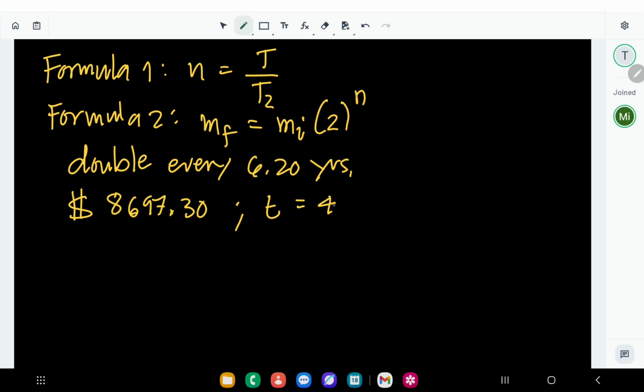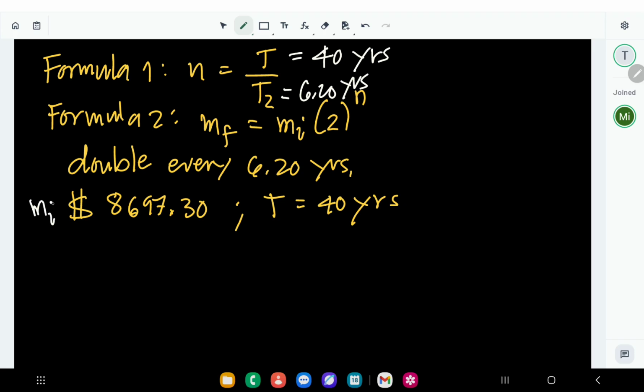T is 40 years. The notation here is capital T2. Assuming the same average rate of return, round your answers to 2 decimal places. So take note of that. 40 years, and the doubling time is 6.20 years, right? And we're given the initial amount of investment, which is $8,697.3. We need to find the final amount.